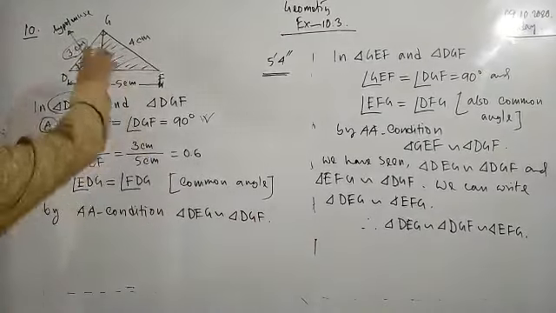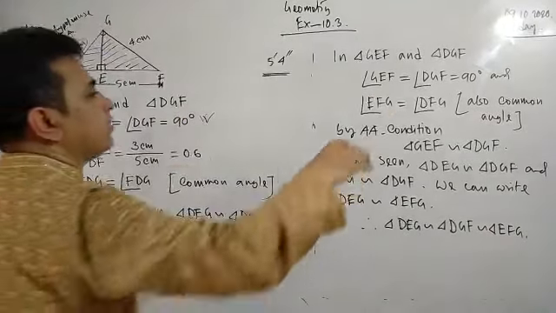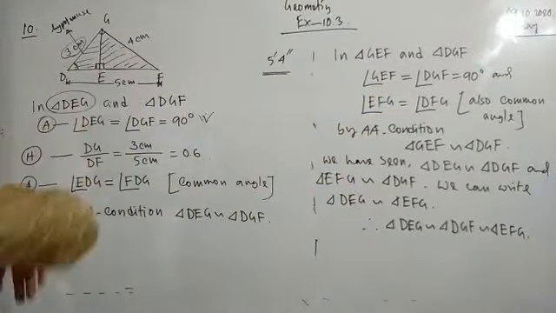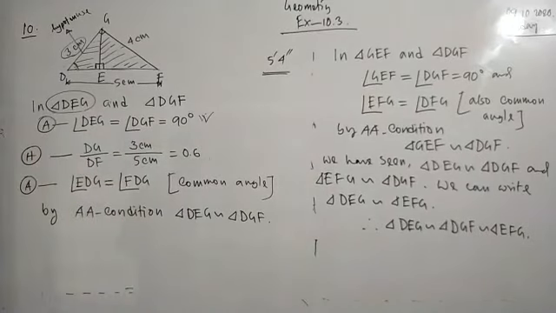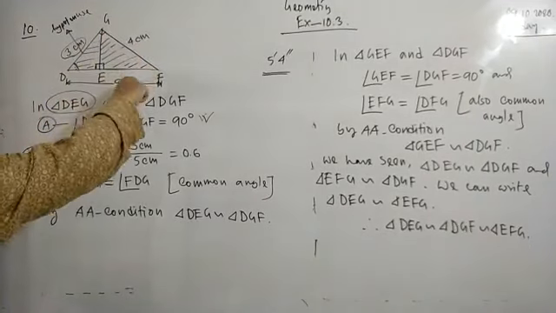First, we have shown this smaller one with this whole big one, and second, we have shown this medium one with the whole big one, and we have applied this double A condition, because here only two measurements are given.